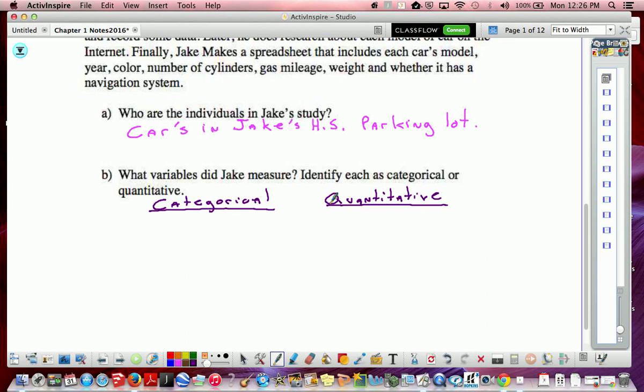So if I start to take a look at this, what was one of them listed up here? Model. It was the first one, model. Is model categorical or is it quantitative? Is a model a number for all cars or is it usually a name? It's usually a name. So model.